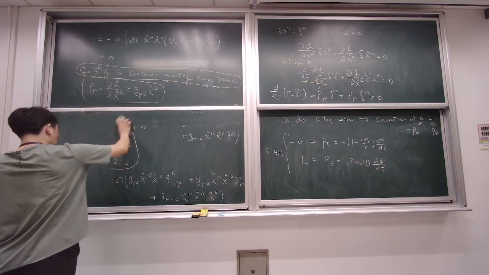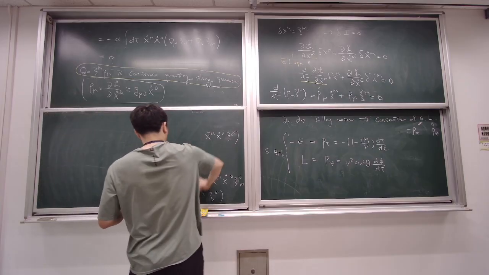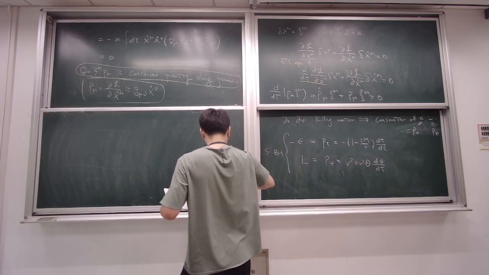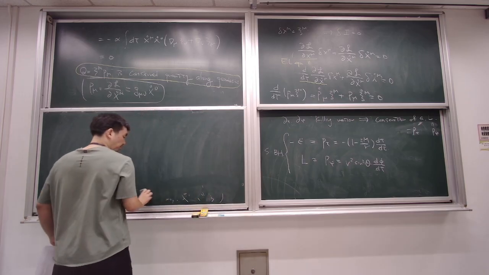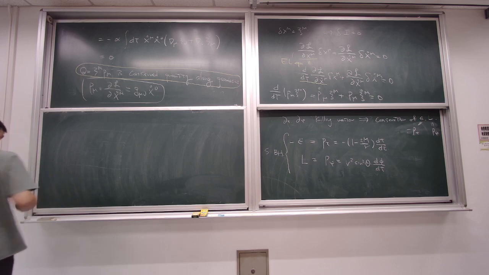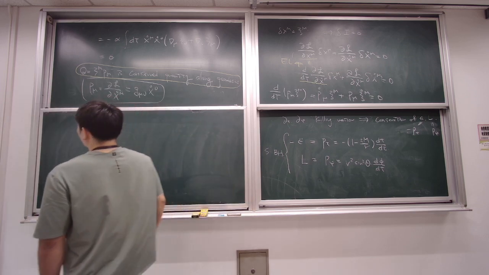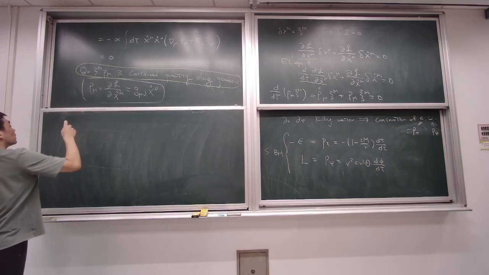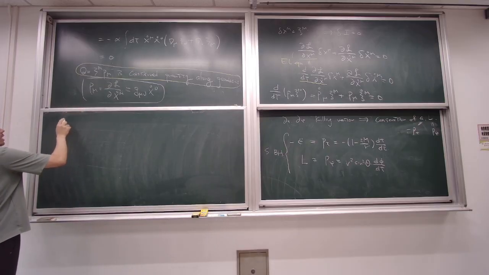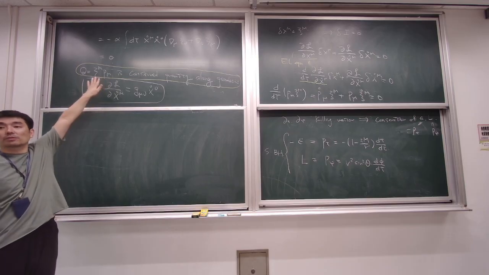Another thing is that one can define the so-called Killing horizon for a null hypersurface. So the first important thing for a Killing vector is the conserved quantity.